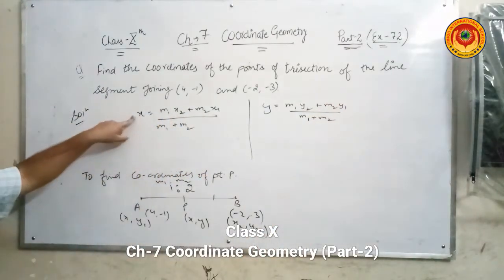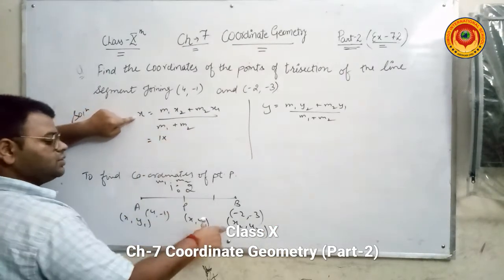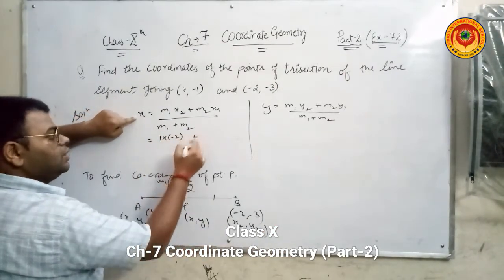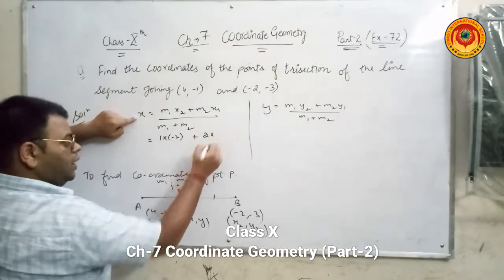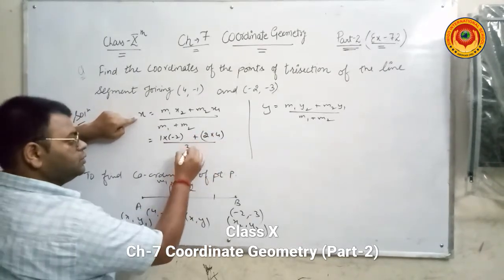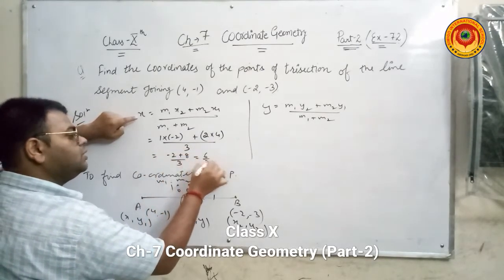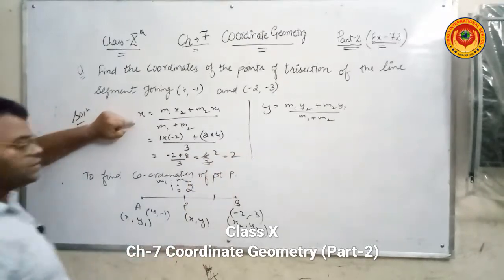Yes, first find out x. M1 is 1, x2 is -2, plus M2 is 2, x1 is 4, upon 1 plus 2, 3. -2 plus 8 upon 3, 6 upon 3 means 2. Your answer is 2.